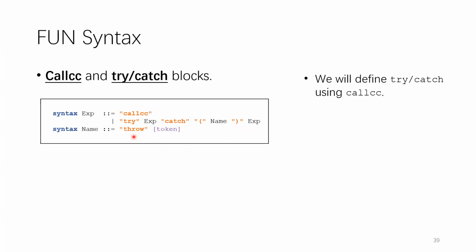And we define throw as a token. We'll see why. In short, the reason is that we will desugar try-catch into the function of callcc, and throw is just a special function name. So whenever you see throw, you just trigger the callcc on the external continuation. We'll see an example later.